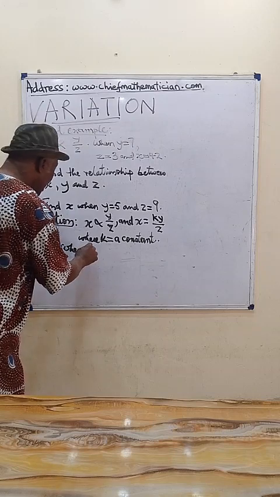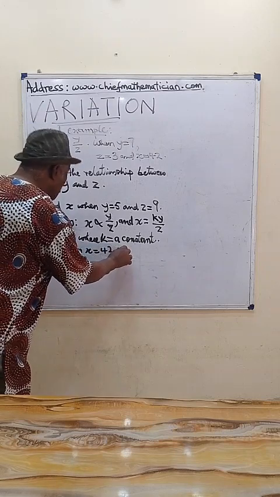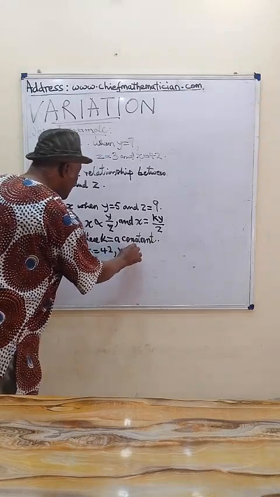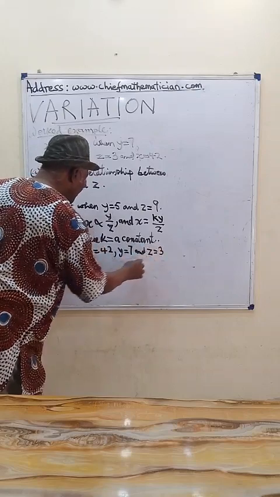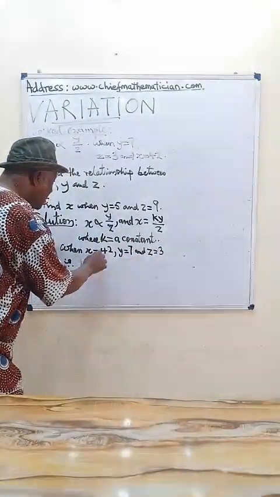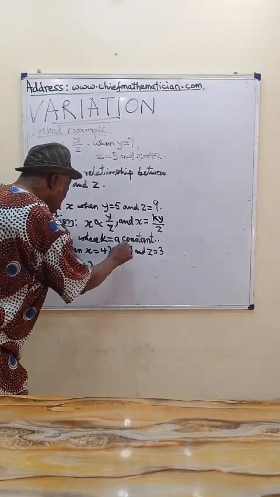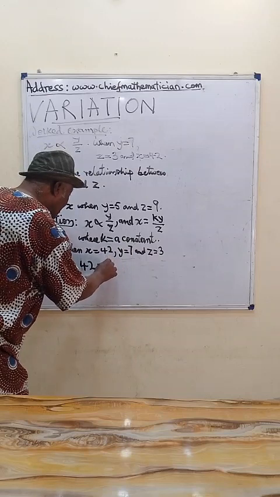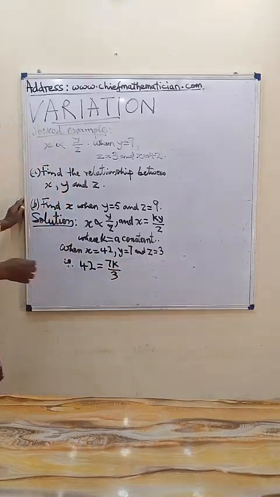When x is equal to 42, y is equal to 7, and z is equal to 3. That is 42 is equal to 7k over 3.